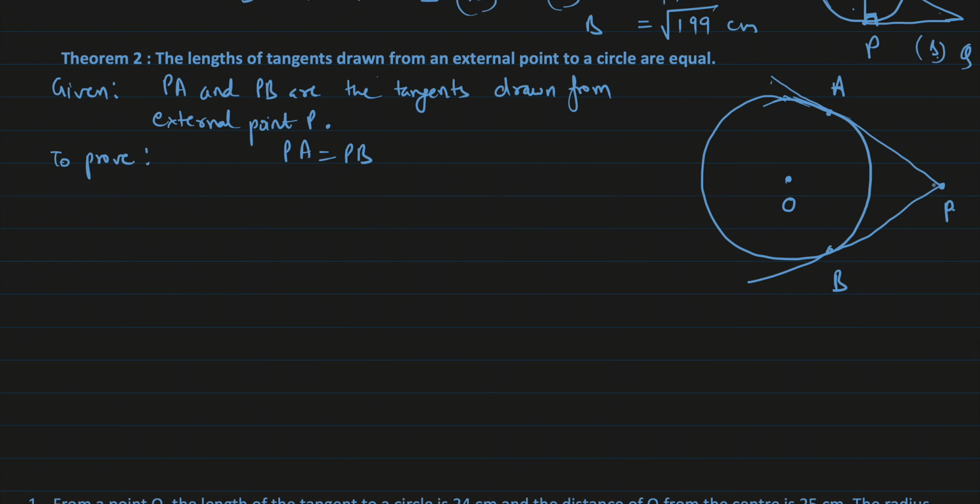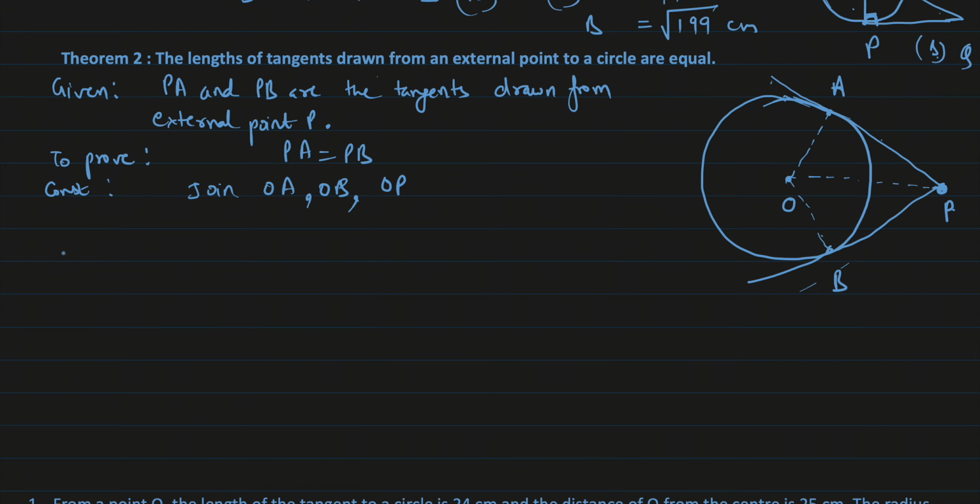So whenever we draw from one point any two tangents, so these two tangents are equal, that is what you have to prove over here. So how do you prove? First point, what you do is you just join OA, join OB and join OP, right? So join OA, OB, OP.